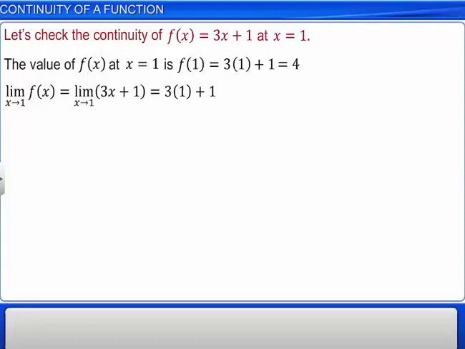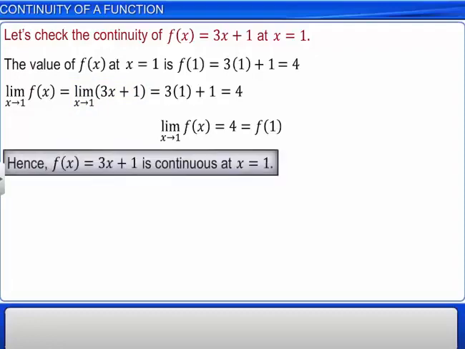This is given by the limit of 3x plus 1 as x approaches 1. This is equal to 4. Thus, the limit of the function coincides with the value of the function. Hence, the function is continuous at 1.